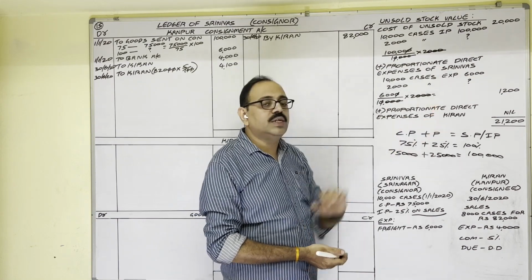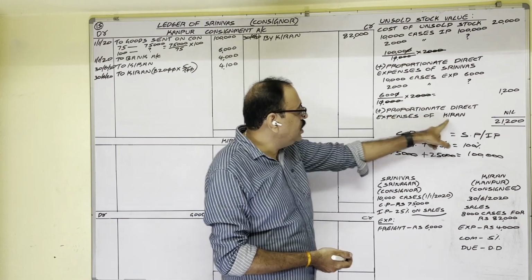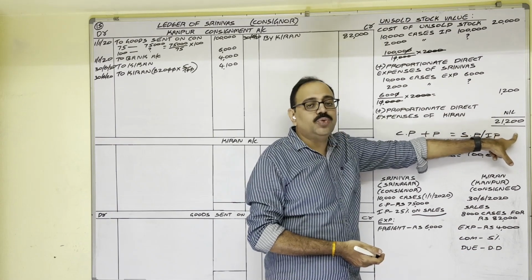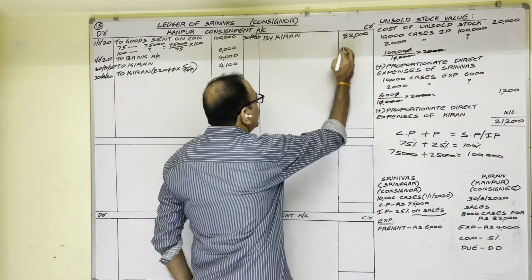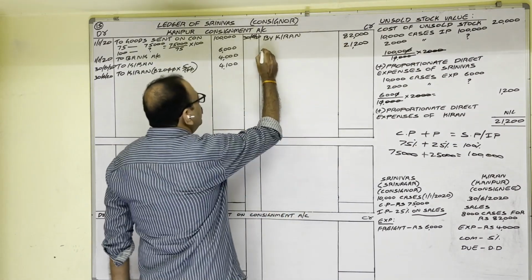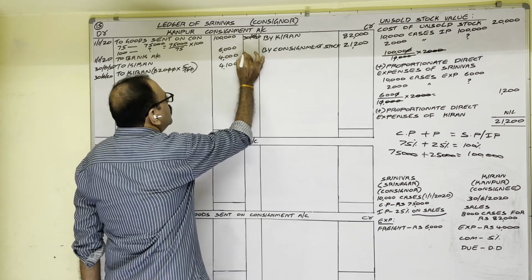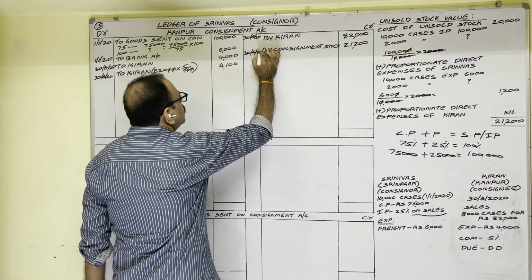Means we should not consider here. Only direct expenses we should take here now. So consignee's expenditure nil. Now total 21,200. This is the unsold stock value. In consignment account, credit side we should write this. By consignment stock, date is 30 June 2020.